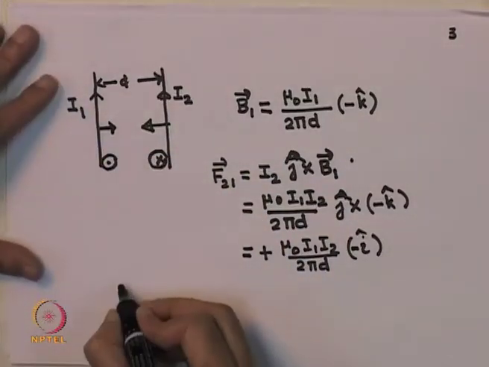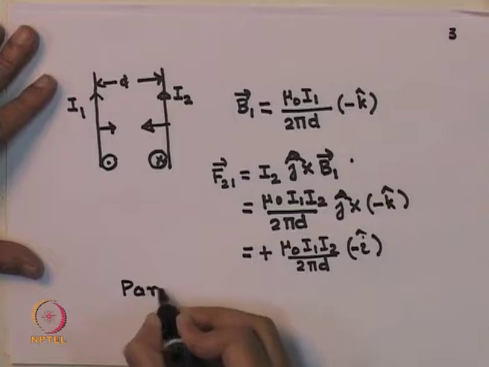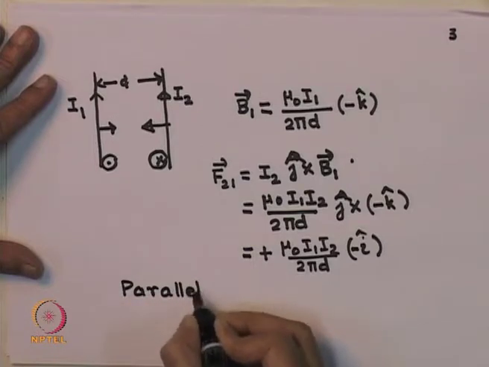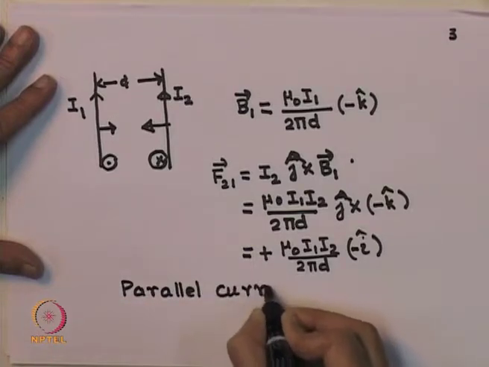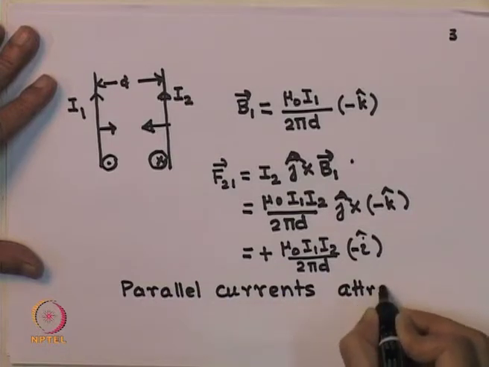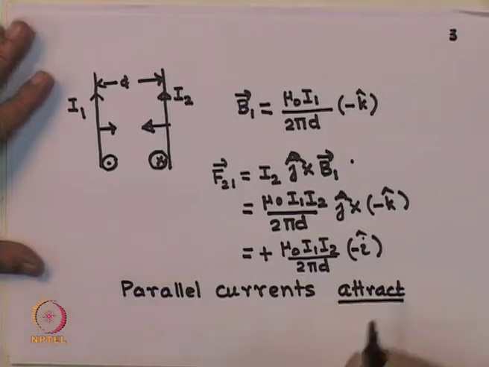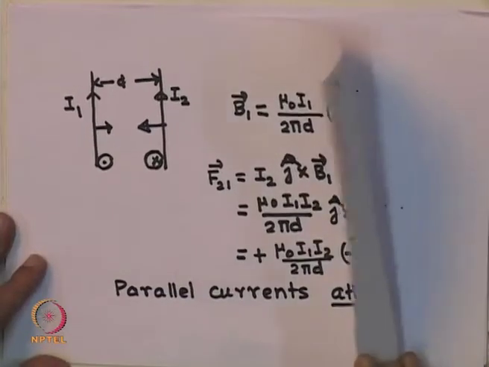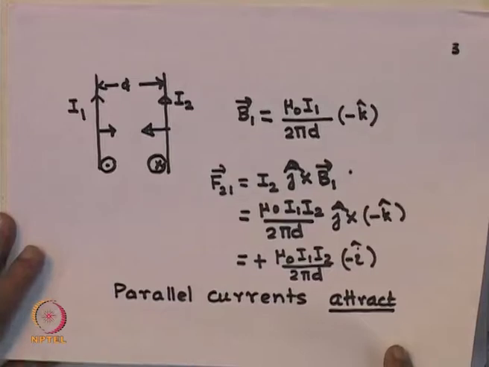So, parallel currents attract. Now, this of course is different from the way you have learned for similar charges. So, we have parallel currents attracting each other.